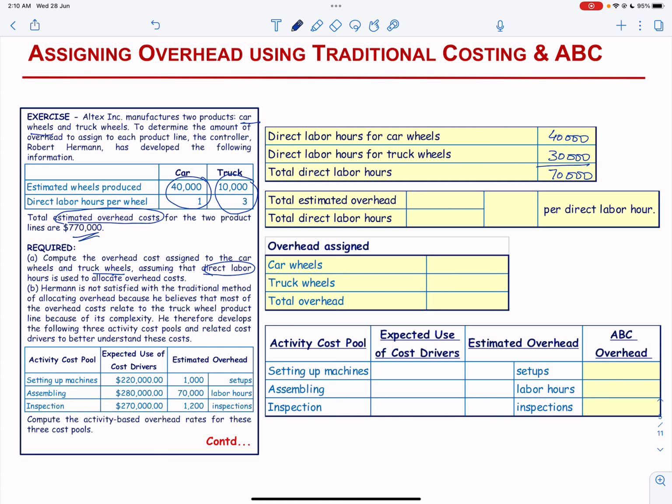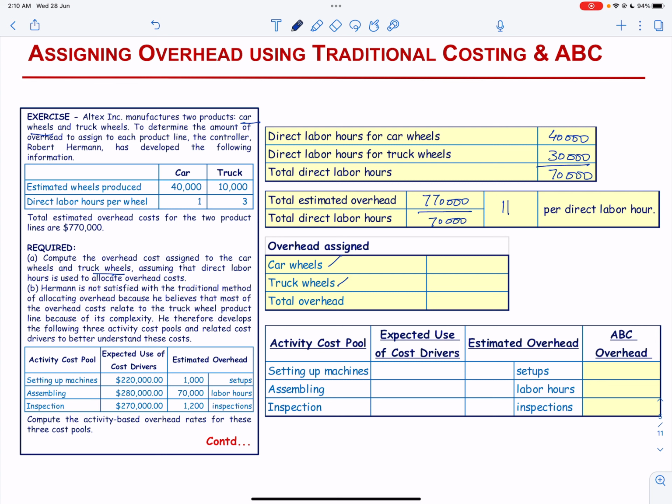Next, we are going to calculate the rate per direct labor hour, and we have the total estimated overhead cost as 770,000, and the total direct labor hour is 70,000, and this is equal to 11 per direct labor hour. Next, we are going to assign the overhead for car wheels and the truck wheels.